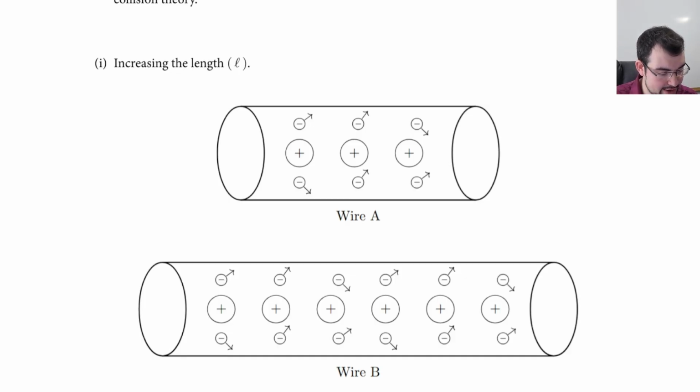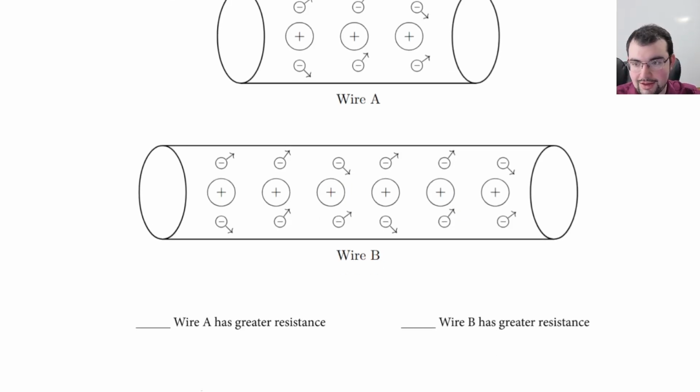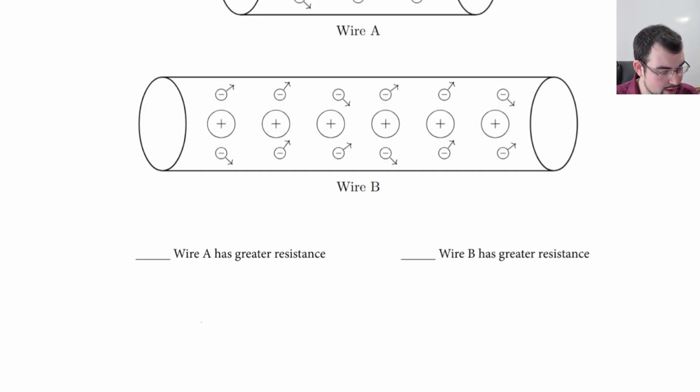We fixed the area of these segments and just made one of them longer. Well, of course, if you're just walking down a hallway, and you've got a longer hallway of the same size, it's going to take longer for a crowd of people to file out of the longer hallway. So wire B has greater resistance.